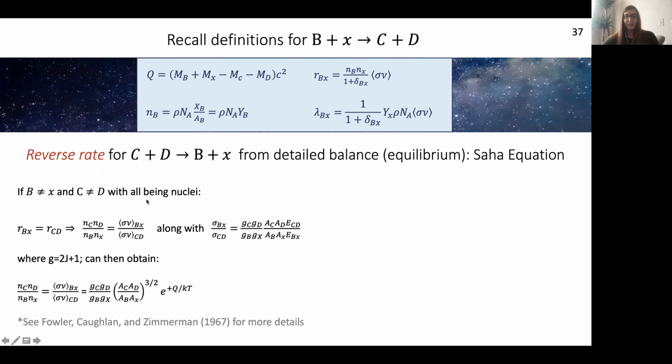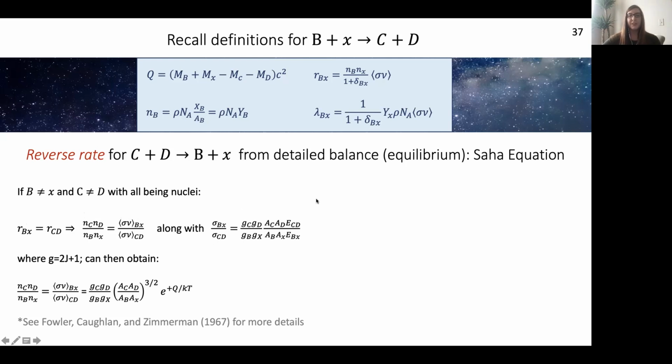All right, so if you have B not equal to X and C not equal to D, and everybody is nuclei, your equilibrium condition is that the forward rate and the reverse rate are equal. This gives you this relation here, a ratio of number densities to your average sigma v, your thermally averaged cross section.